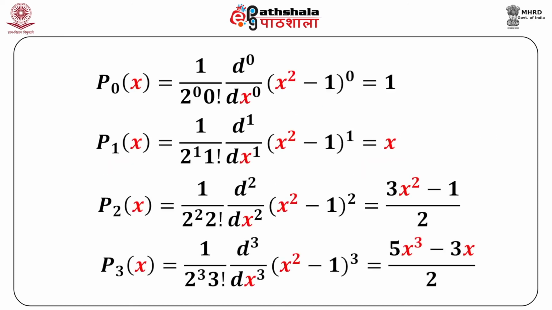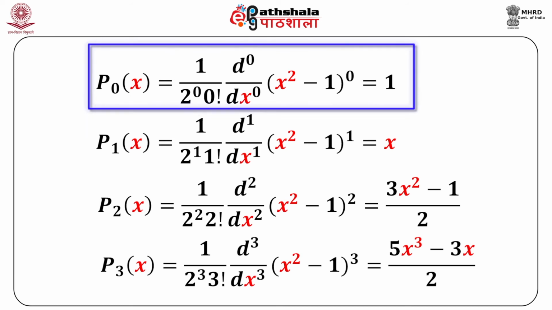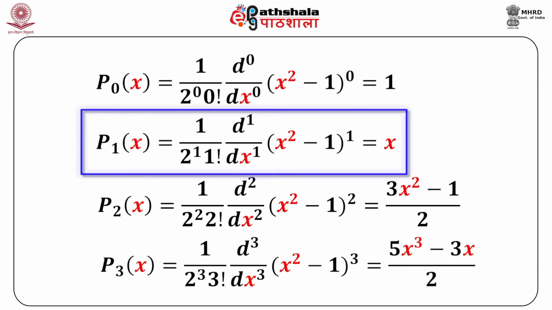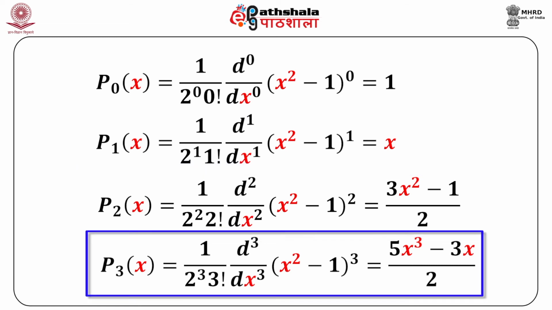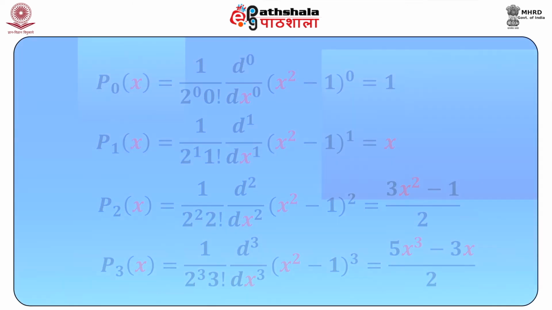For example, for the value of j as 0, the associated Legendre polynomial is obtained as 1. For j value as 1, P_1(x) is equal to x. For j value as 2, the expression becomes (3x^2 - 1)/2, and for j value 3 the expression becomes (5x^3 - 3x)/2.